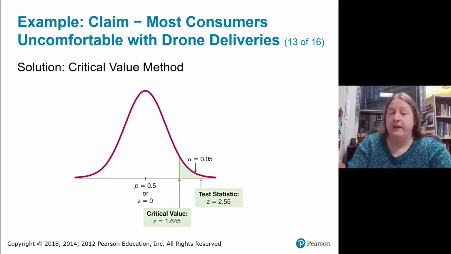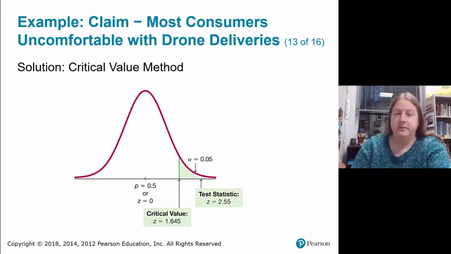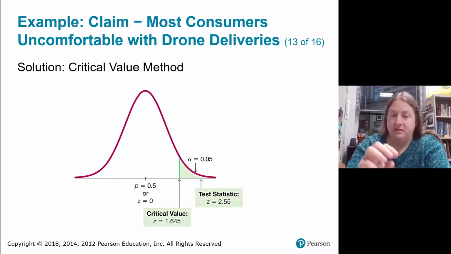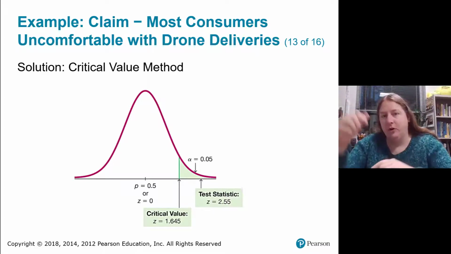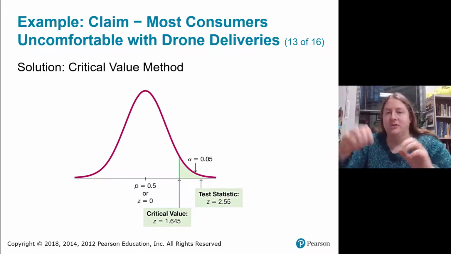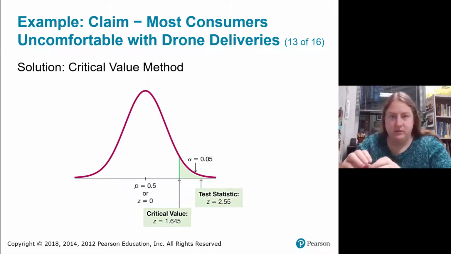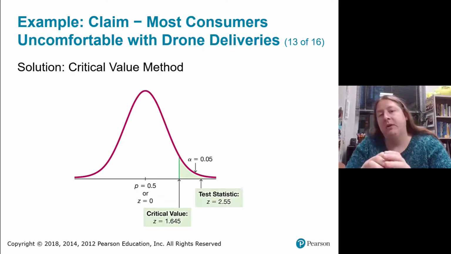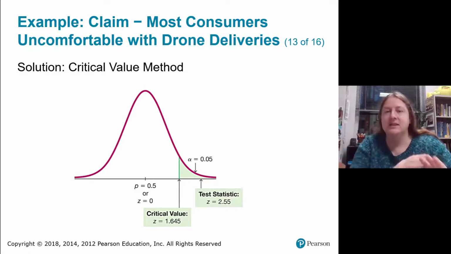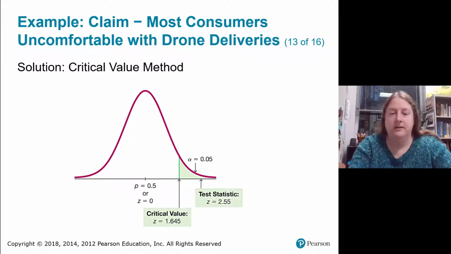So in our critical value method, we never really take our test statistic to find a probability in the table. Instead, we take the probability, our alpha value that we want, to find a critical value, z. So you go one way in the table or the other way. So you go from a z-value into the probabilities or from a probability out to the z-values. That's the difference between the two methods going on here.